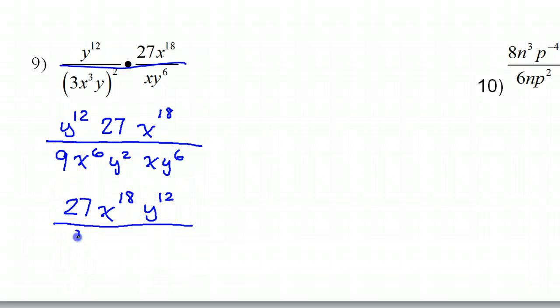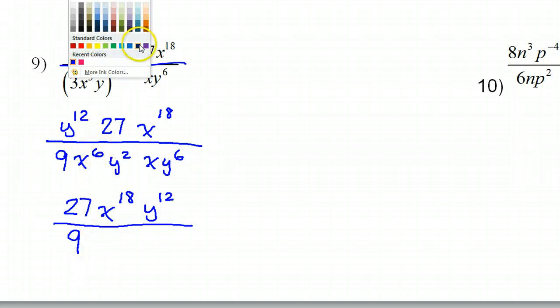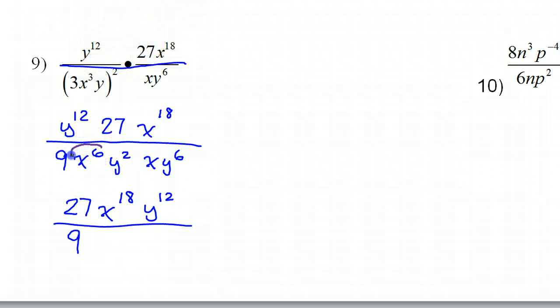Now, I've got my 9. Okay, that's great. Now, as far as the x's go, check it out. We've got x to the 6th power, and then we've got x over here. So if you put those together, we're talking about x to the 7th power.